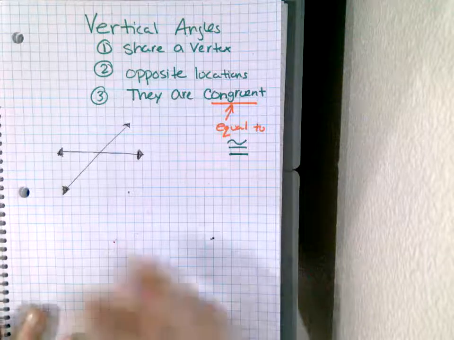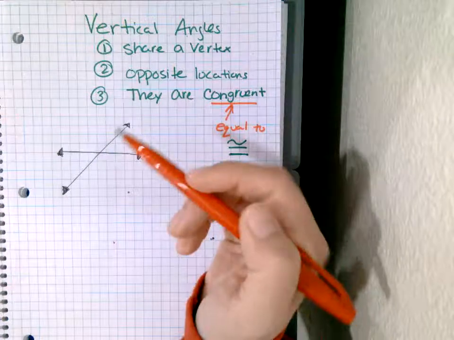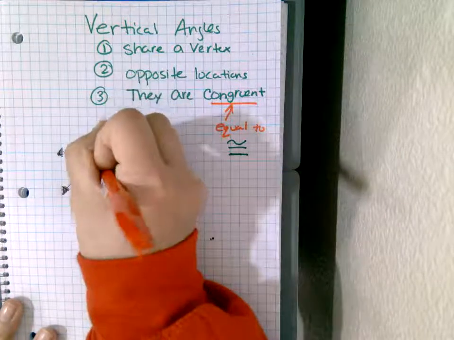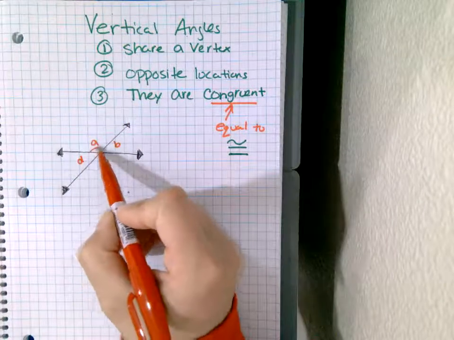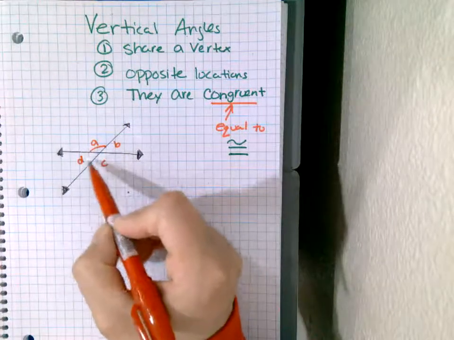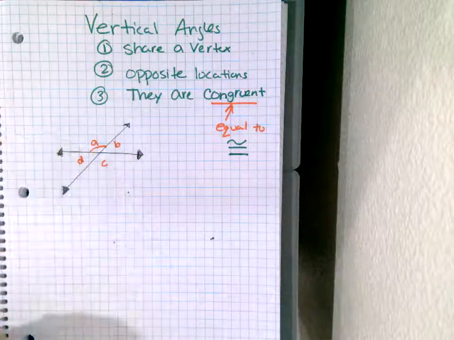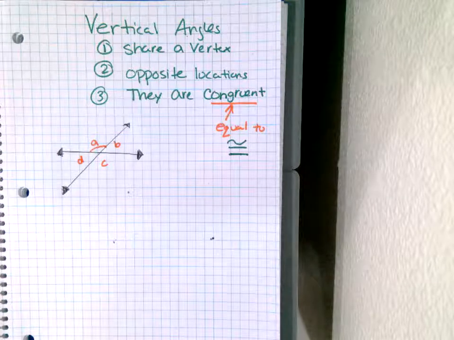All right, here we go. Because we did this, we now have 4 angles. Let's call them angle A, B, C, and D. Do you see angle A right here? Angle B, angle C, angle D, right? We have 4 angles, correct? Now, which ones are vertical?